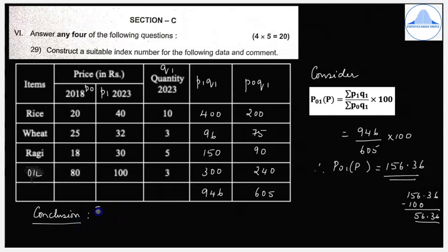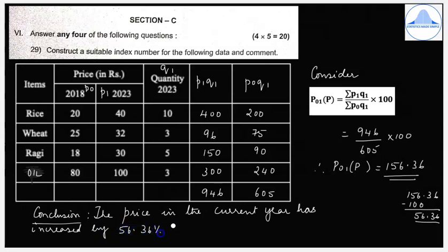So the conclusion is the price in the current year has increased by 56.36% as compared to the price in the base year. So the conclusion will carry 1 mark.